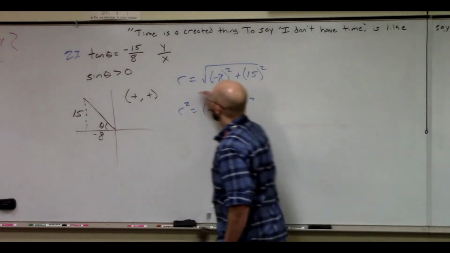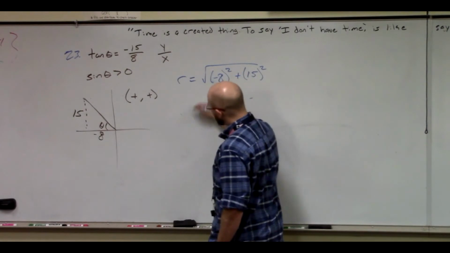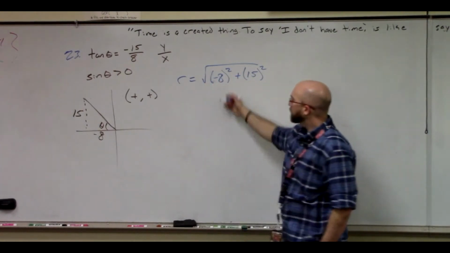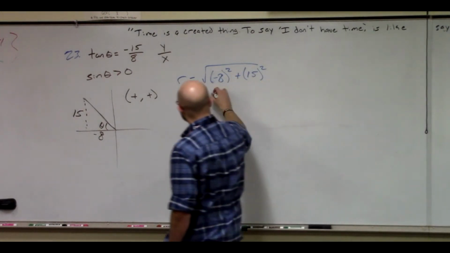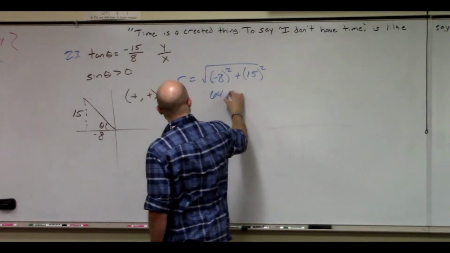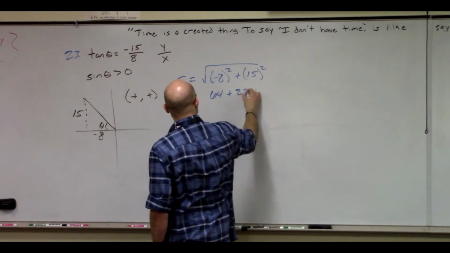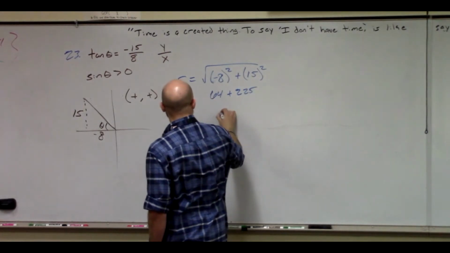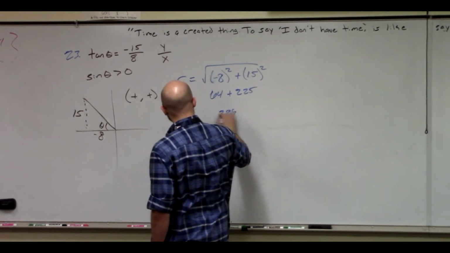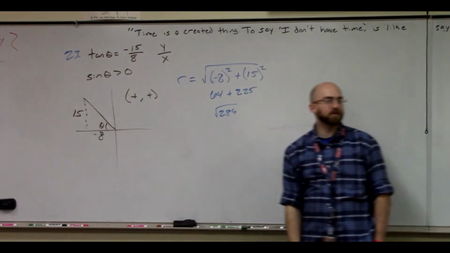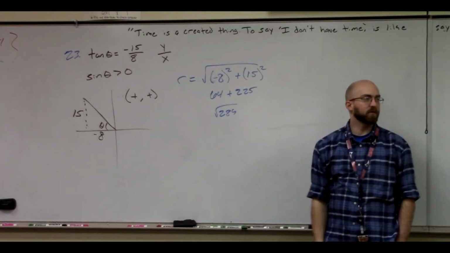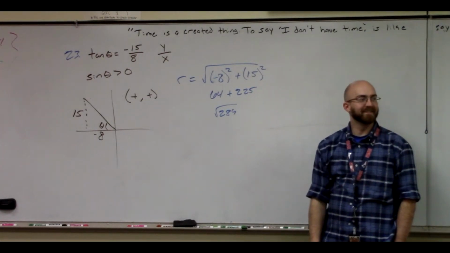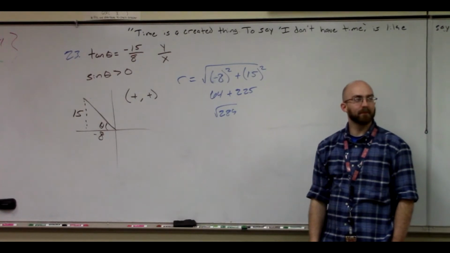So I get 64 and 225, correct? Which is 289. And what's the square root of 289? 16 or 17?